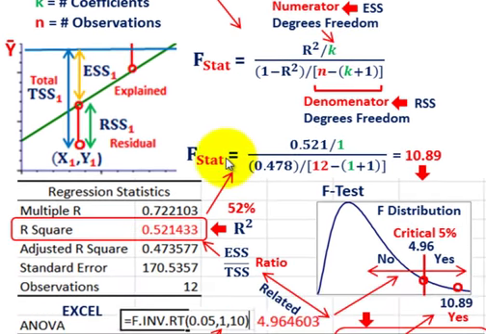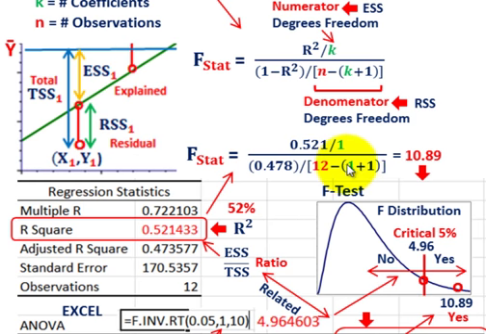Okay, so for our F statistic applied to our problem, our R squared value was 0.521, and then we had 1 degree of freedom for our K coefficient, and then that quantity divided by 1 minus our R squared. So if you take 1 minus R squared, you're going to get 0.478, and you divide that by the degrees of freedom for your RSS, your denominator, and we had 12 data points less 1 K coefficient degree of freedom plus another 1.